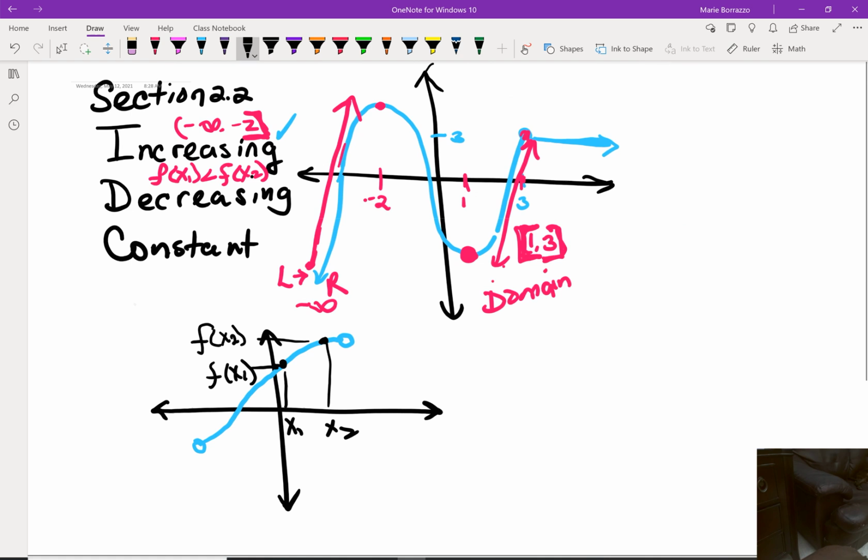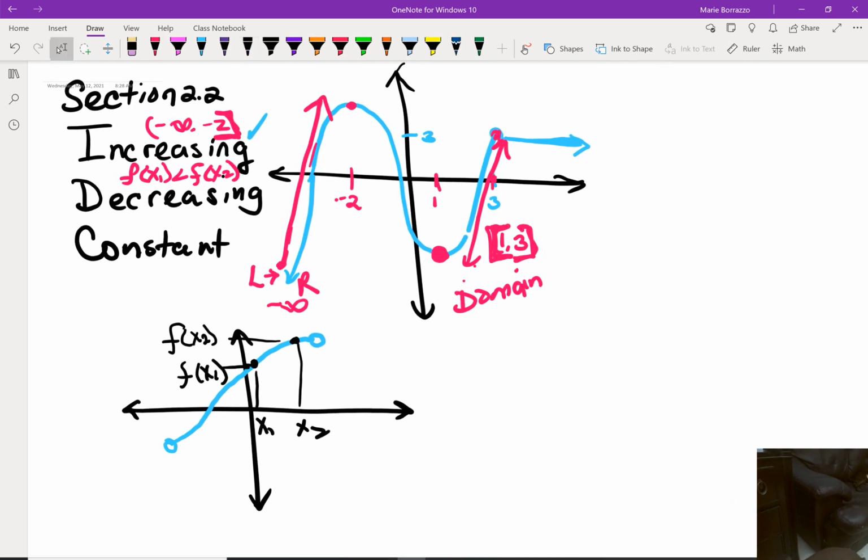So what they're getting at in the definition is that the value of f of x1 is less than the value of f of x2. So if you notice, obviously this is taller than the f of x1. So that's how they define this particular definition. They also say that x1 is going to be less than x2. That's kind of like a duh moment, right?